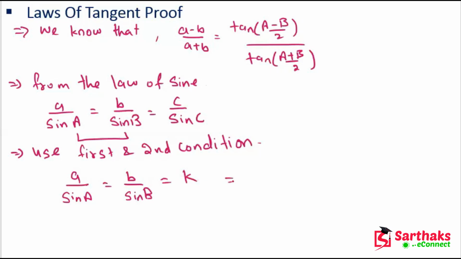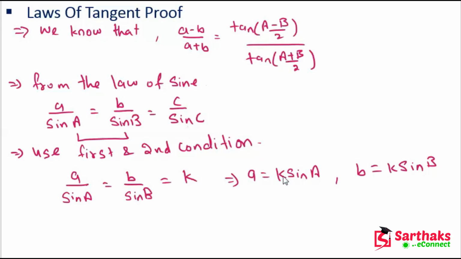So we get a is equal to k sine a and b is equal to k sine b.